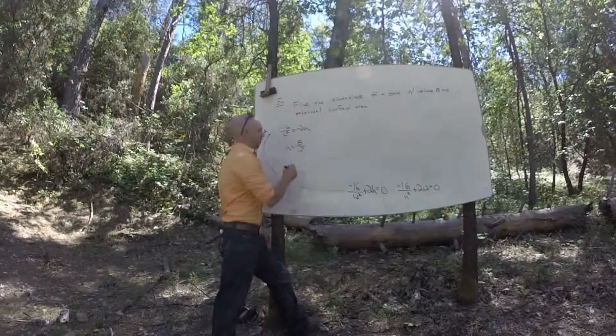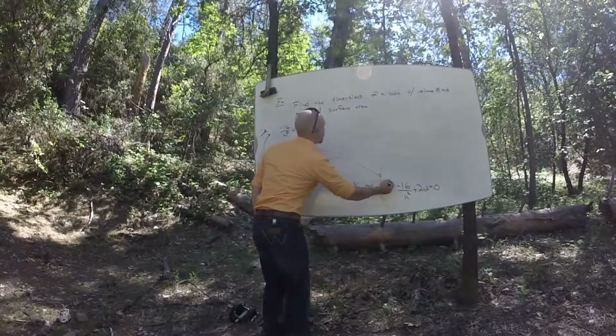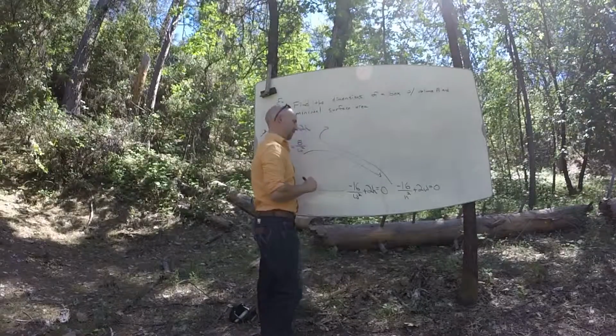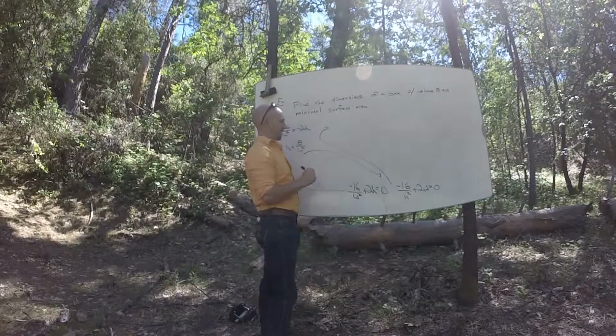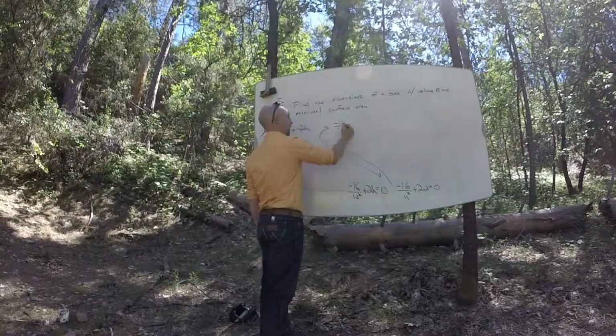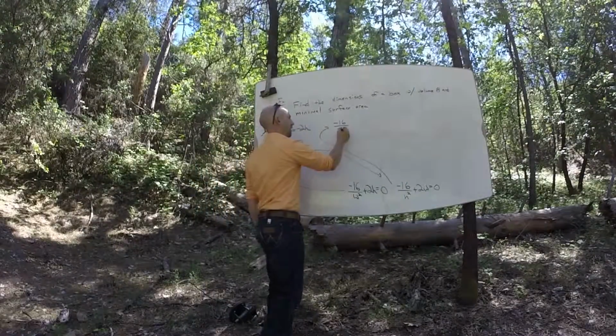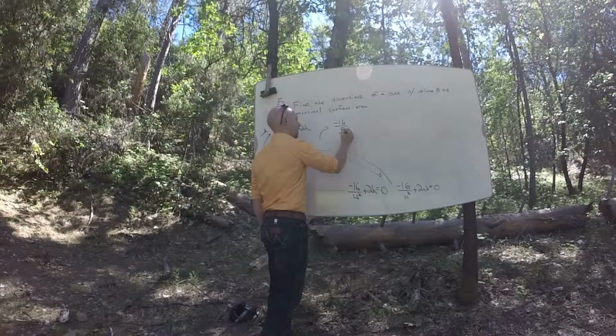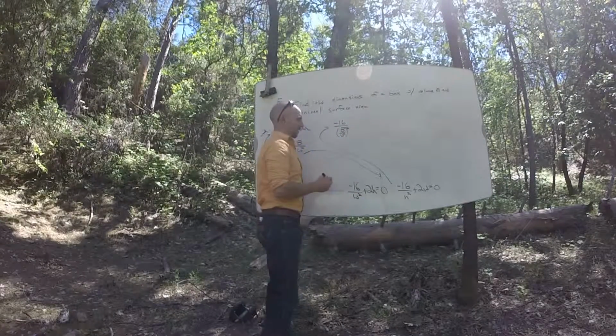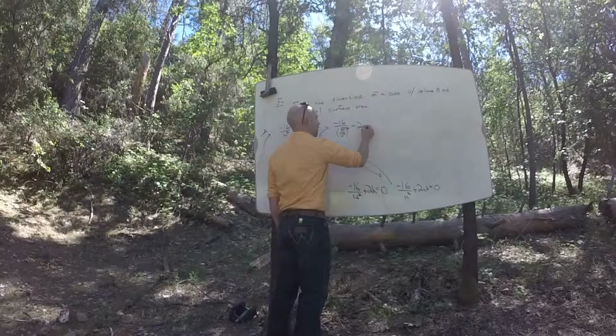So then you end up with, take this, plug it in there, get negative 16 divided by 8 over W squared, squared, plus 2W is 0.